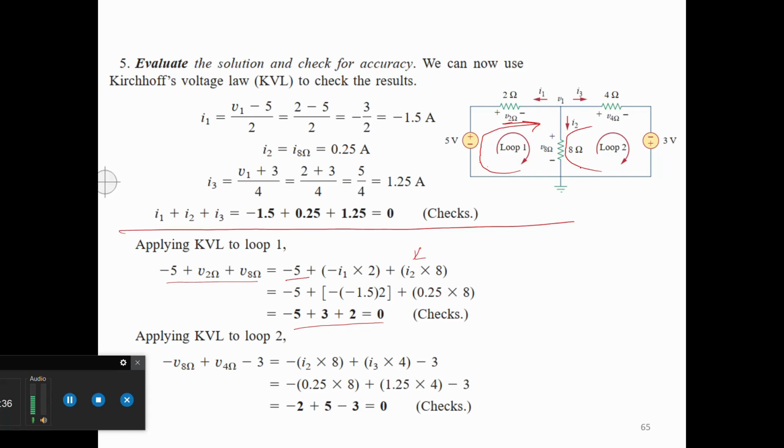We take a minus sign with I2 because its current direction is opposite, and because I3 is in sync with our direction, we take that positive, into 4, and then minus 3 volts. When we calculate it, it becomes 0 as well.